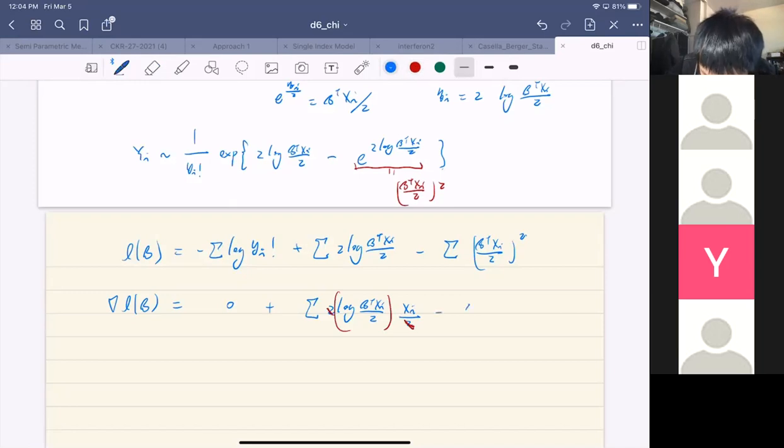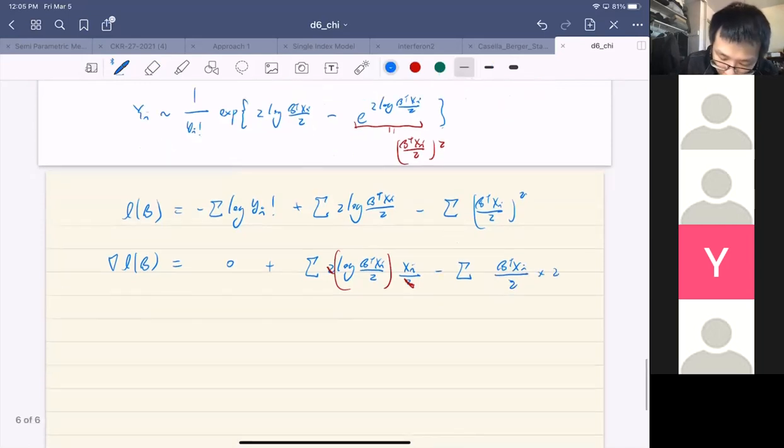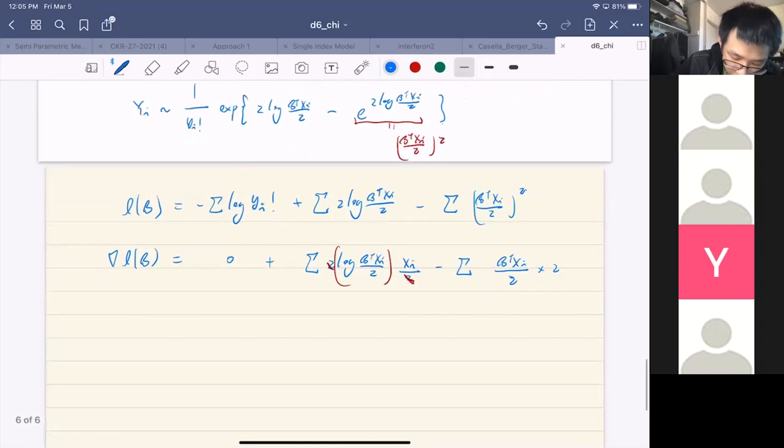And here is the summation. Two multiplied by 2. So the equation will be like this.